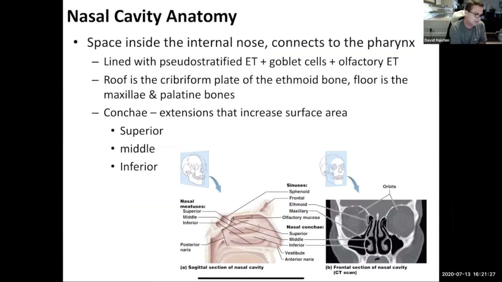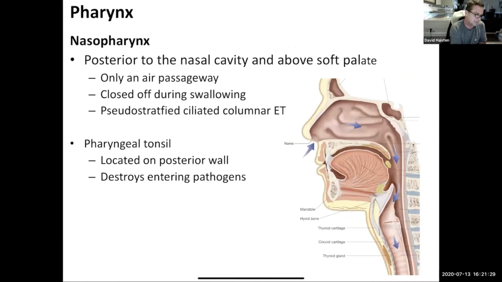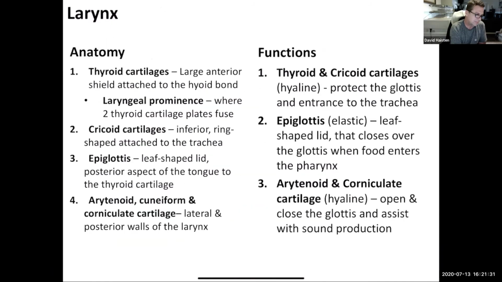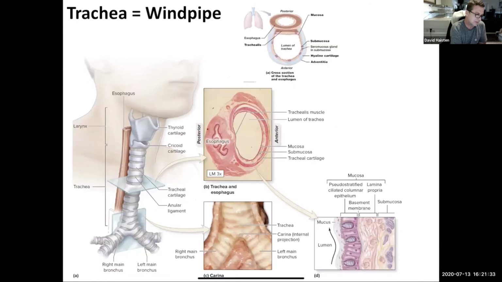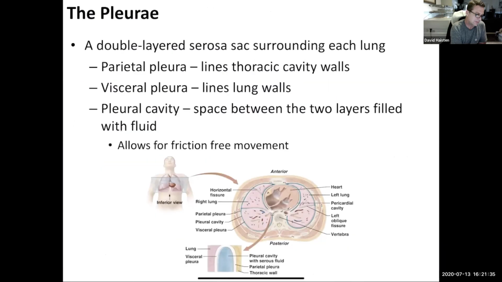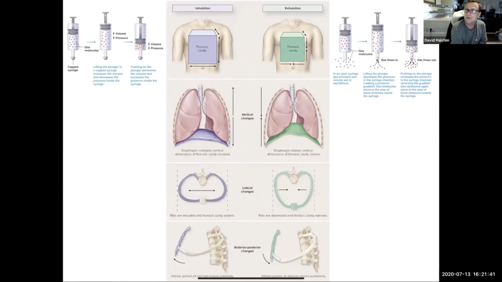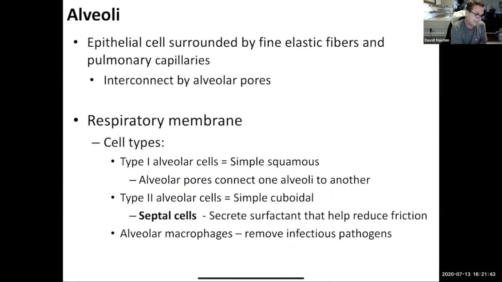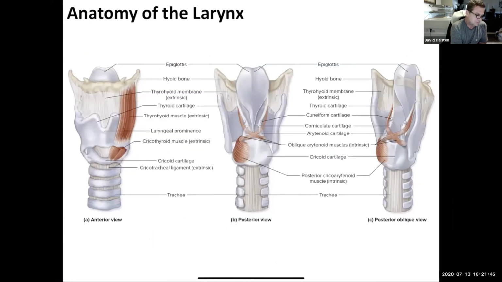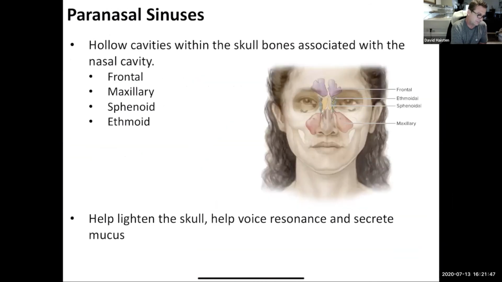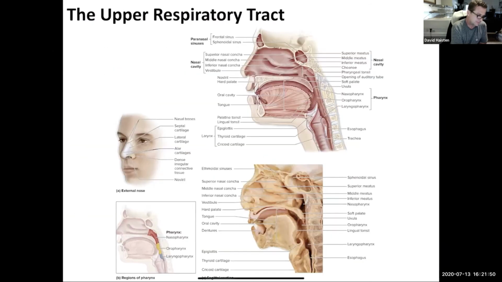Okay, so let's look at your respiratory tract moving from the top down. There's a lot of detail here.